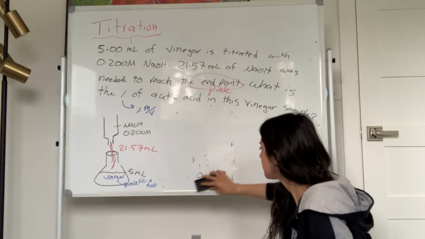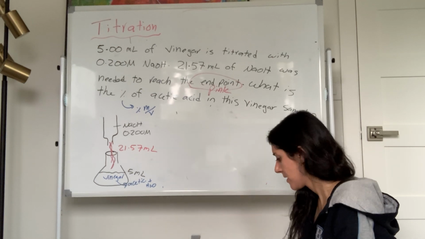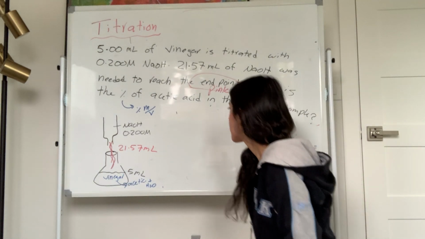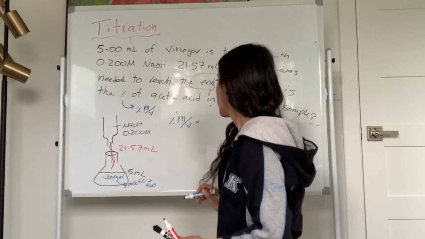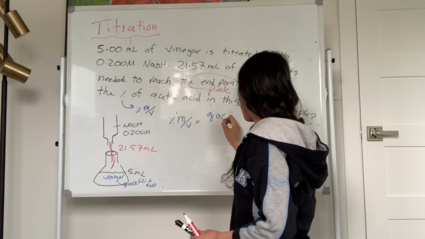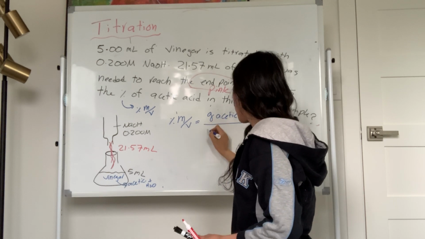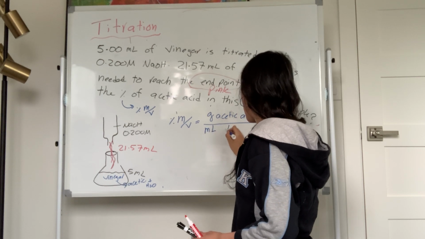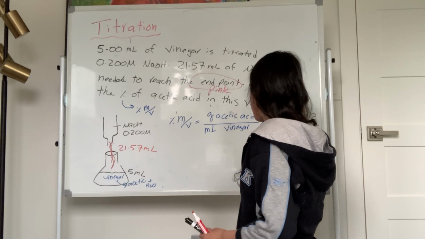Percentage. And we've talked about this in lecture before. What this means is the percentage of M over V. Okay? That means the grams of acetic acid over the milliliters of the vinegar solution times 100%.